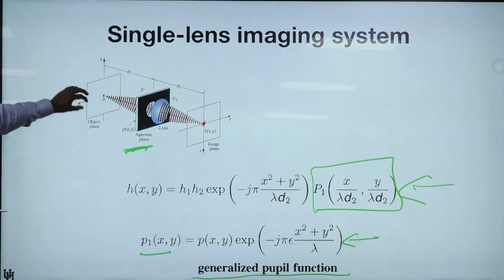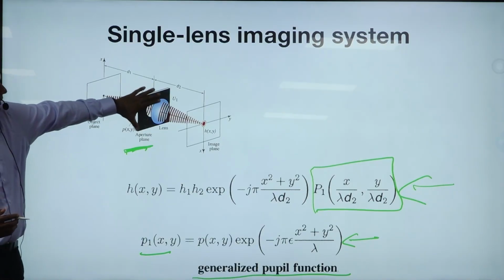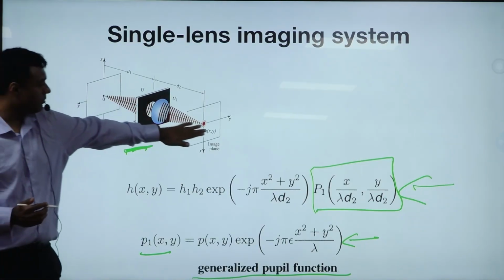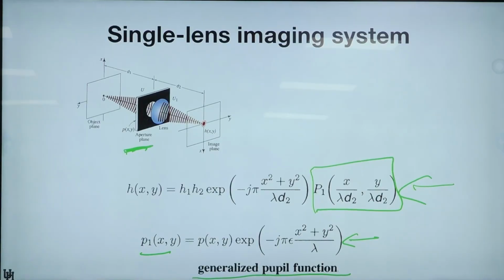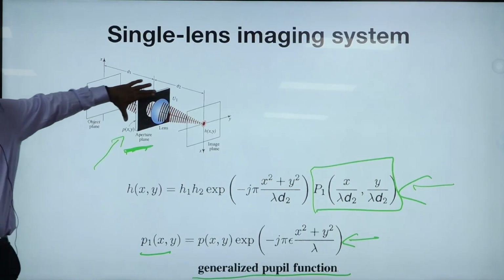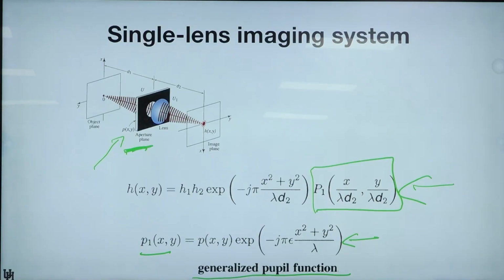The reason this is important is we started with a dot and it goes through a lens and an aperture, and you see some shape over here. It's related to the Fourier transform of the obscuration, the pupil over here. That's the crucial idea that I'm trying to convey to you.